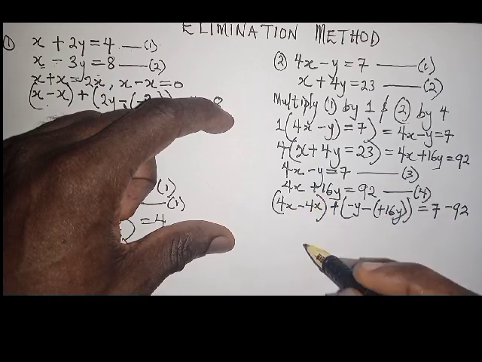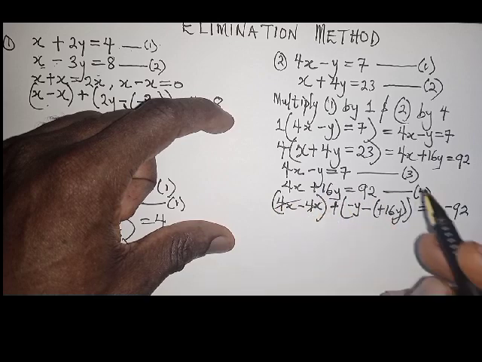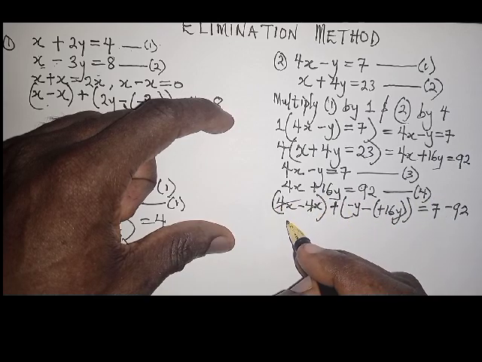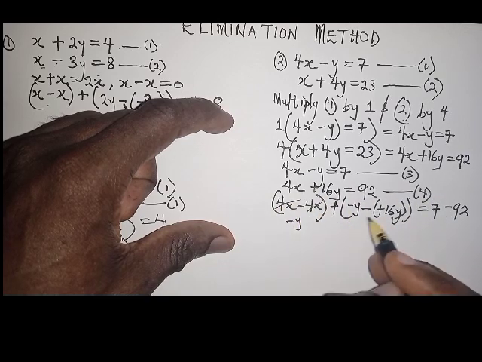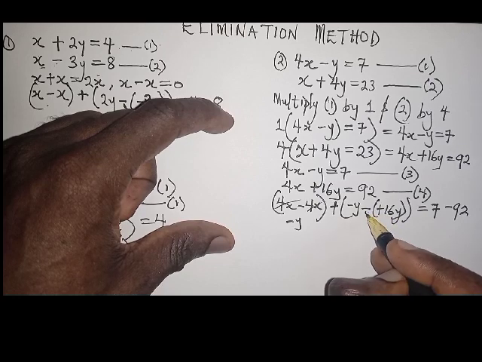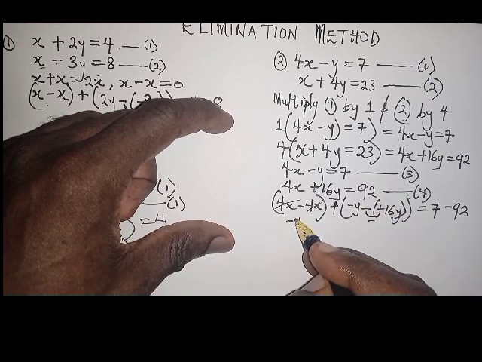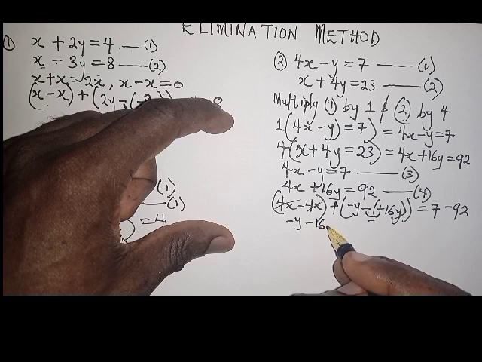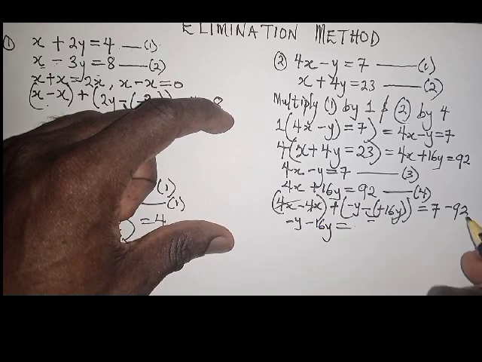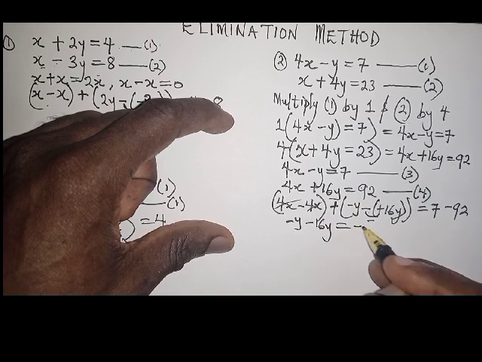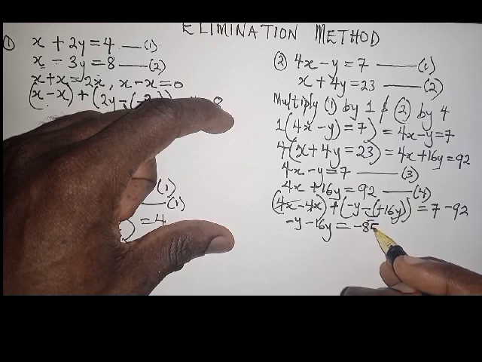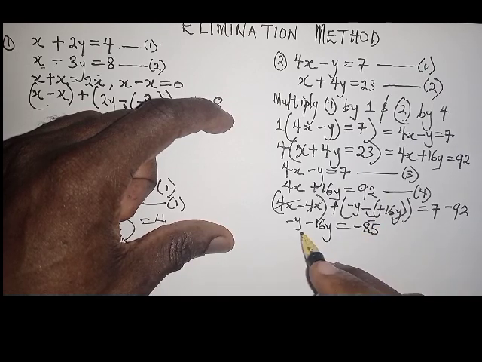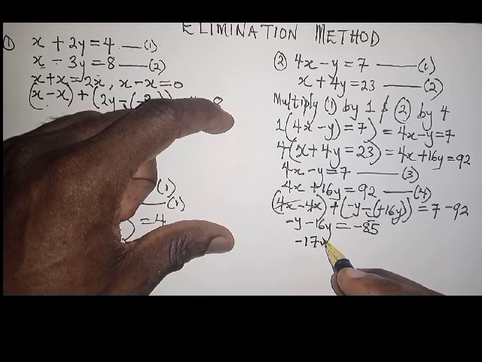Now this term goes off, so I'm left with this. Now minus y, this minus times plus is minus. So this is minus y minus 16y equals 7 minus 92, which is minus 85. So minus y minus 16y is minus 17y.